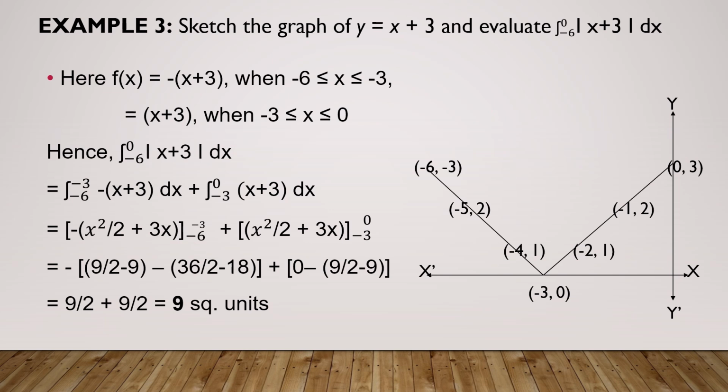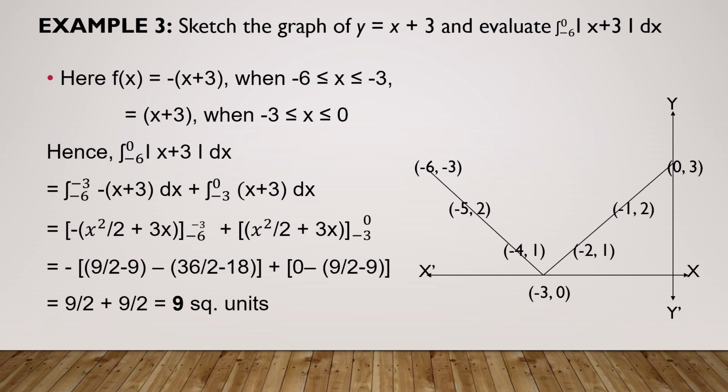So when x is between minus 6 and minus 3, the value of the function will be negative. So how is the mod function defined? It will be defined as minus of x plus 3 for x running from minus 6 to minus 3. And for x running from minus 3 to 0, it will be x plus 3, by the definition of the mod function.